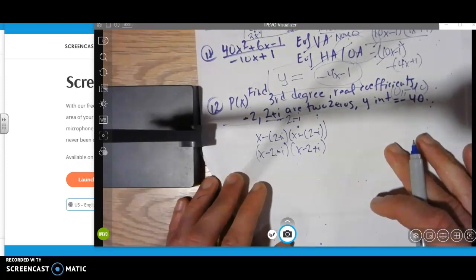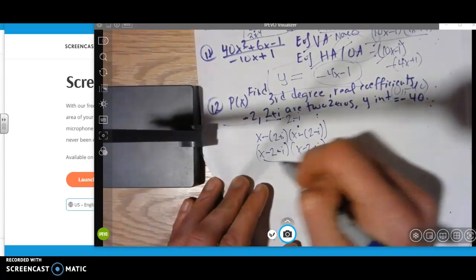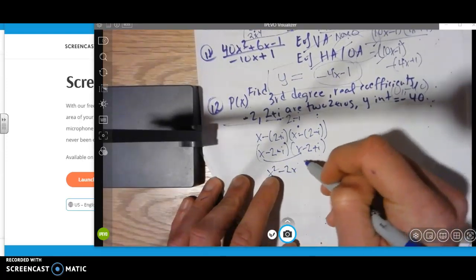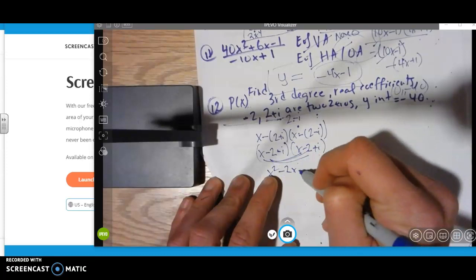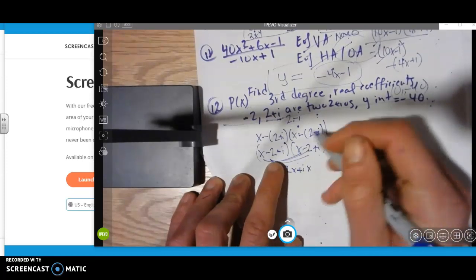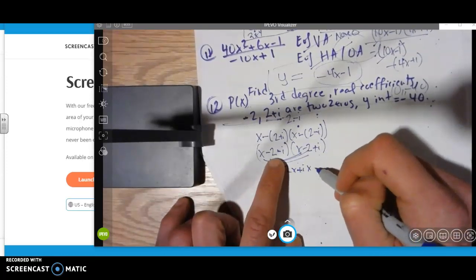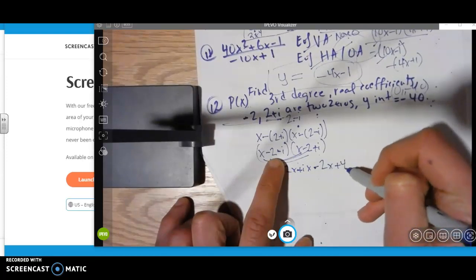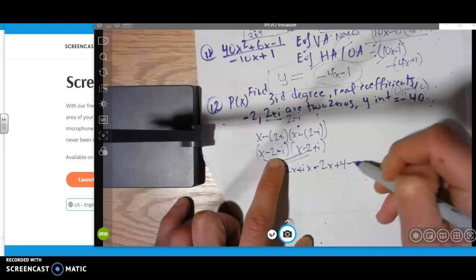Then we multiply that out. We get x squared minus 2x plus ix. Now we distribute the negative 2, and we get negative 2x plus 4 minus 2i.